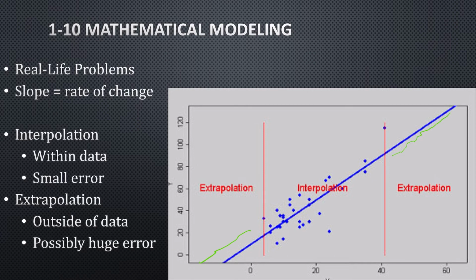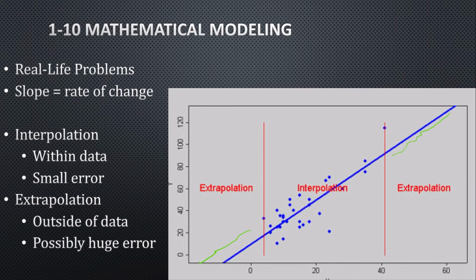For example, we tried modeling female Air Force personnel with a line. But what if something happens and suddenly females aren't allowed in anymore? Or maybe the Air Force increases the number of recruits across the board, so we have more females.